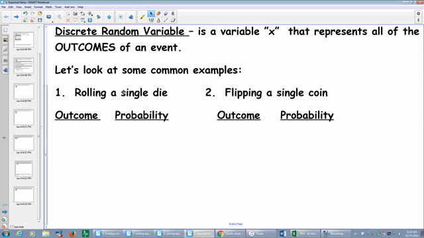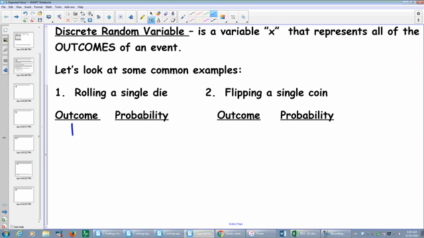The first one is rolling a single die. How many outcomes do I get when I roll a single die? Six.